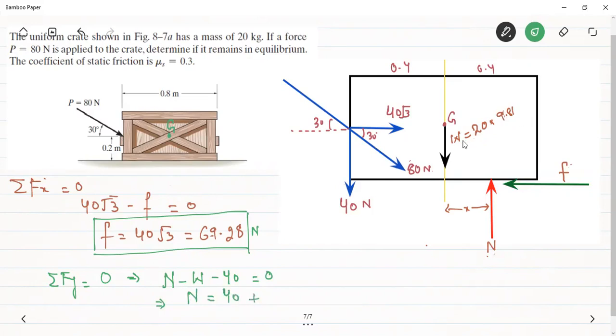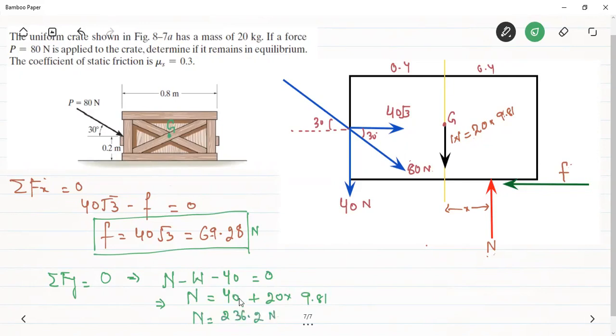The weight is equal to 20 into 9.81. We get that the value of the normal reaction, after solving this, comes out to be 236.2 newtons. Okay, this is the normal reaction.